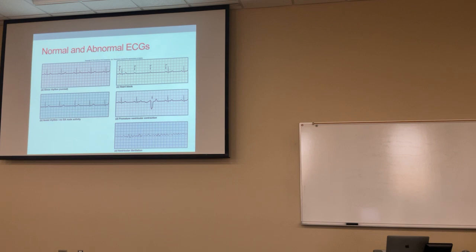So people whose atria are not functioning properly, like in atrial fibrillation, sometimes have to take blood thinners so that they don't get blood clots in the atria. But this is an example of a nodal rhythm. That probably means that person is going to need to have a pacemaker, if you see that.